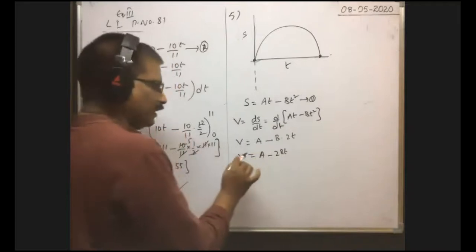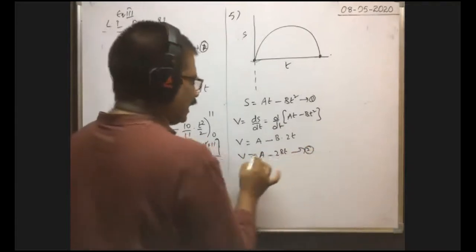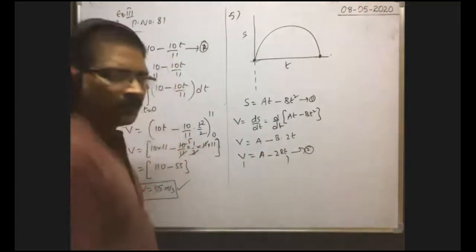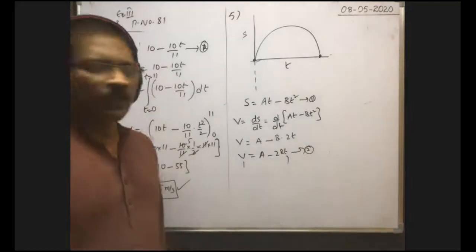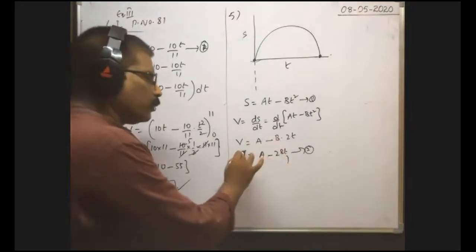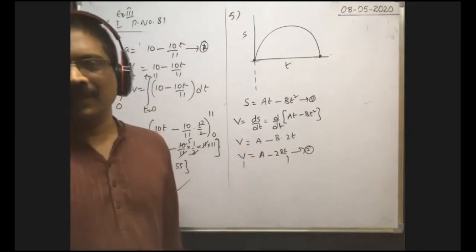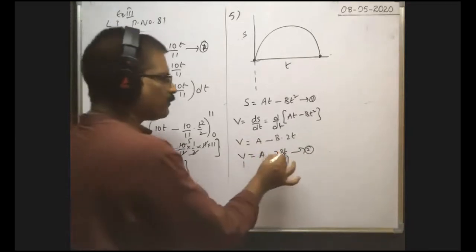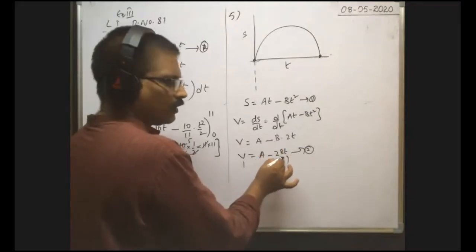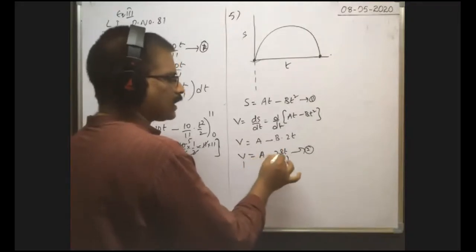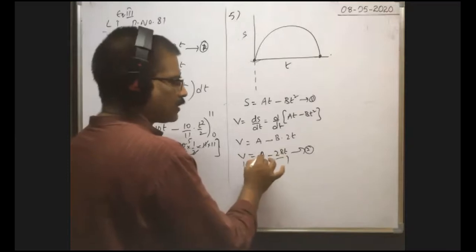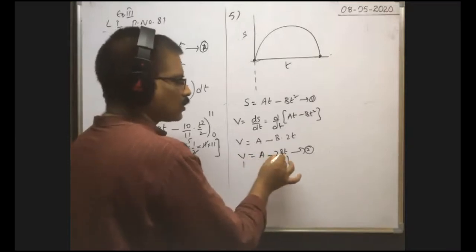This is also an equation giving the relation between velocity and time. There are two variables, and both have power 1 each. That's why no doubt it is a straight line. The coefficient of t is the slope: y is equal to some constant c minus mx, which means the slope is negative.